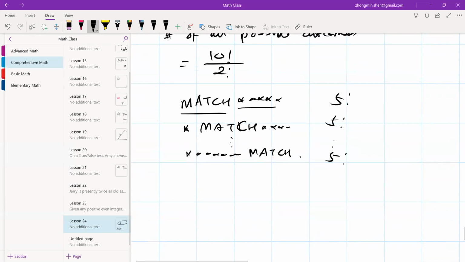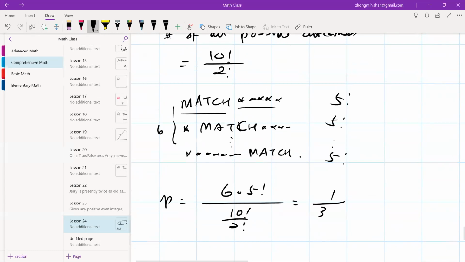In total, there will be 6 patterns. So the numerator will be 6 times 5 factorial. The denominator will be 10 factorial divided by 2 factorial. After you simplify, it is going to be 1 over 2,520. So this is the idea. The probability is not easy to do.